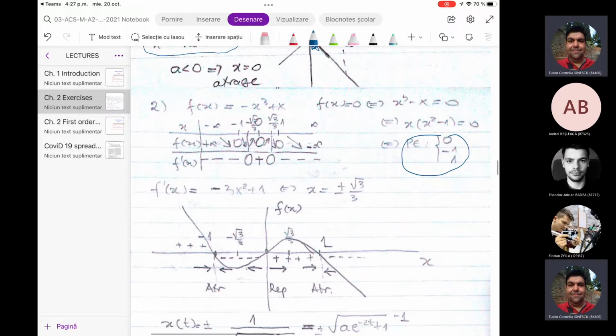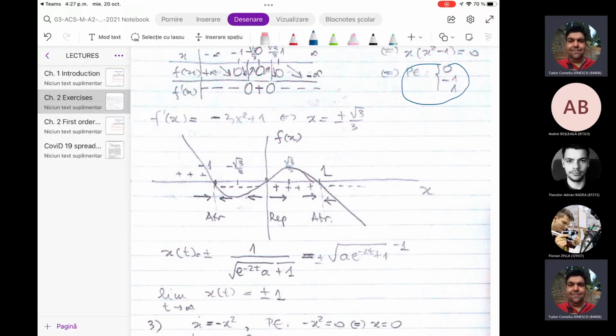This is the graph. So you have 3 equilibrium points. The first one, minus 1, is an attractor. 0 is a repulsor, and 1 is an attractor.